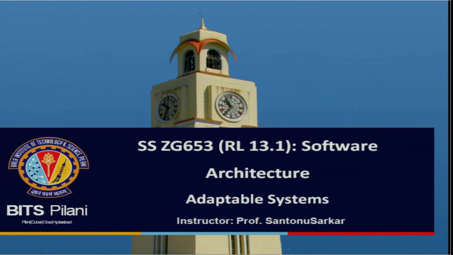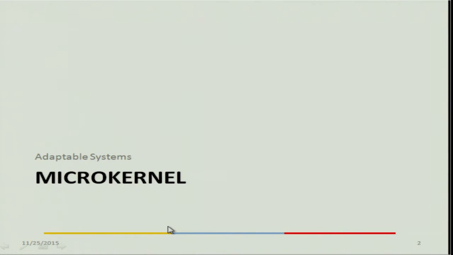Today we will learn another architectural pattern called microkernel, and this particular pattern is a part of adaptable systems. So let's understand this particular pattern. This is a pretty old pattern.